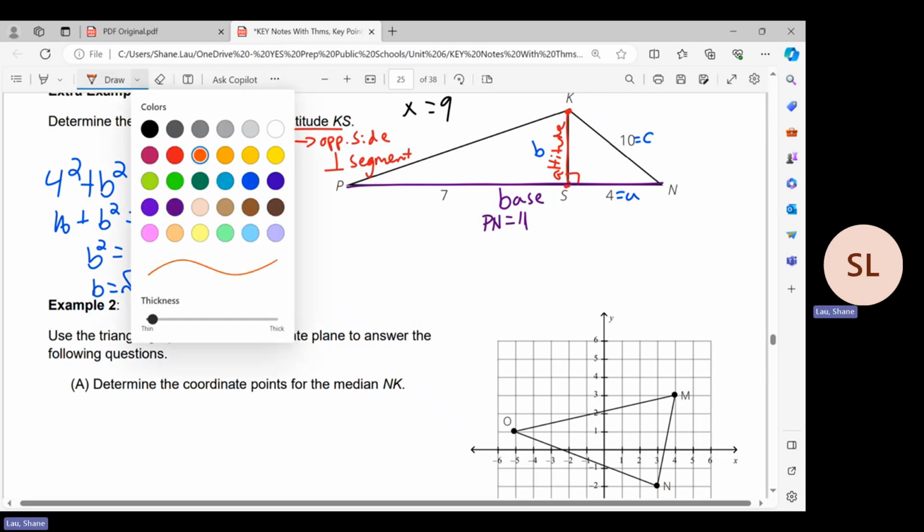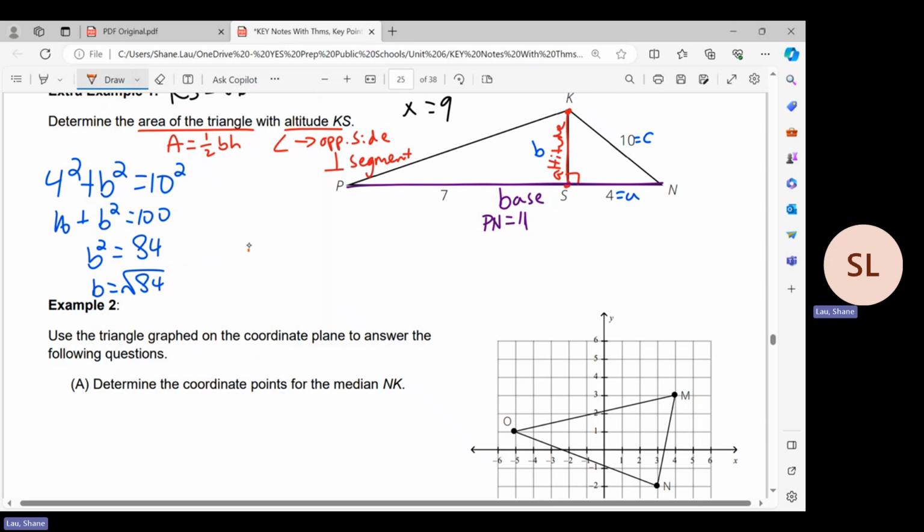So after you've done all that, we're going to find our area is going to be 1/2 times 11 times the square root of 84, plugging in all of our values, our base and our height.